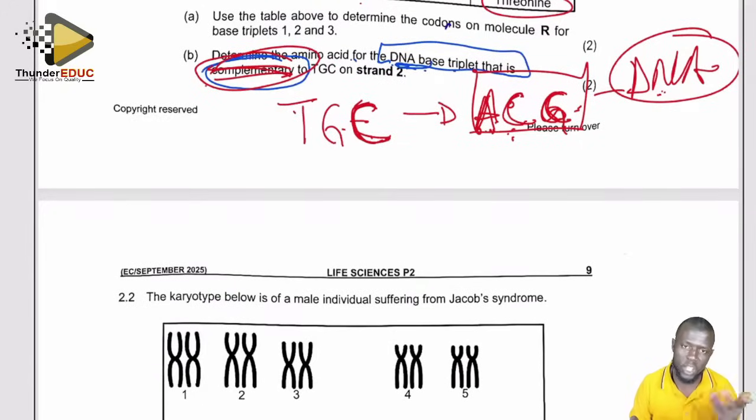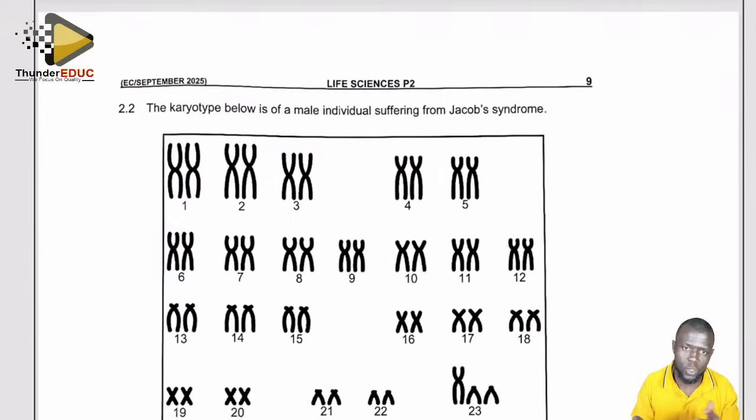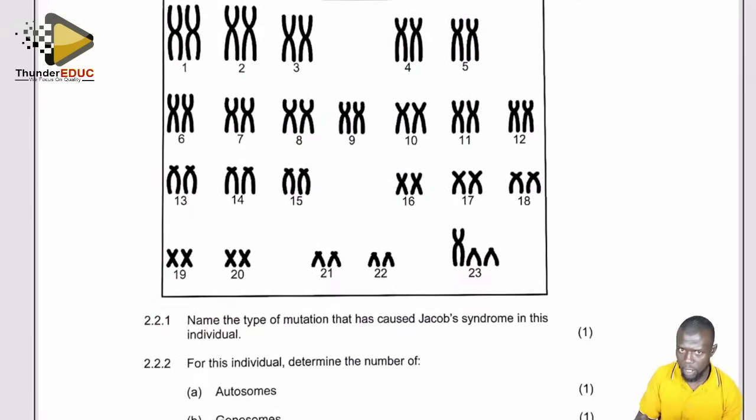Don't finish the paper and then sleep. It doesn't make sense. It is like you are making the examiner a fool. How can he set a paper for 2.5 hours when you finish it in 1 hour? So guys, don't make examiners fools.